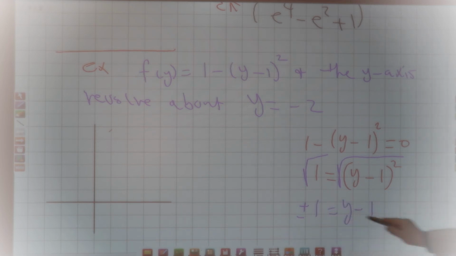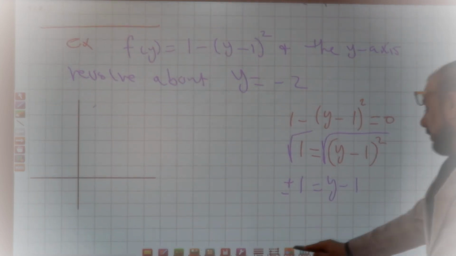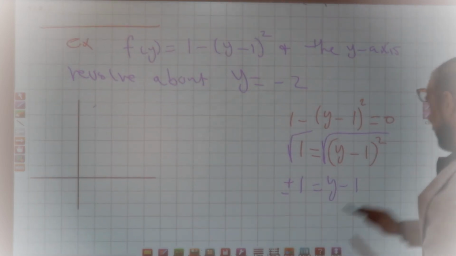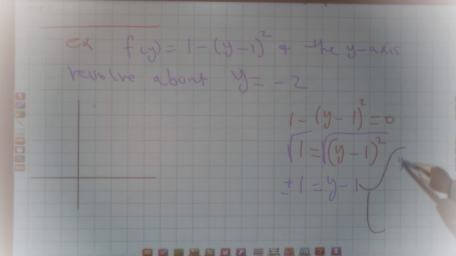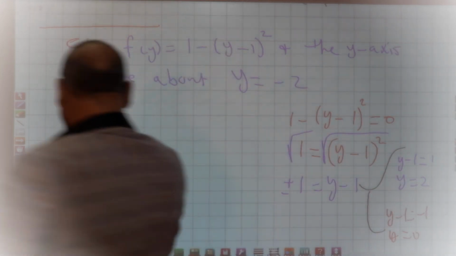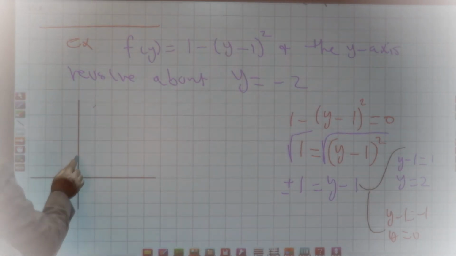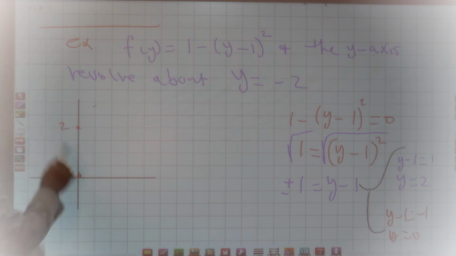Take y minus 1 equals 1, and this results in y equals 2, or you can take y minus 1 equals negative 1, and this results in y equals 0. Then between 0 and 1 and 2.